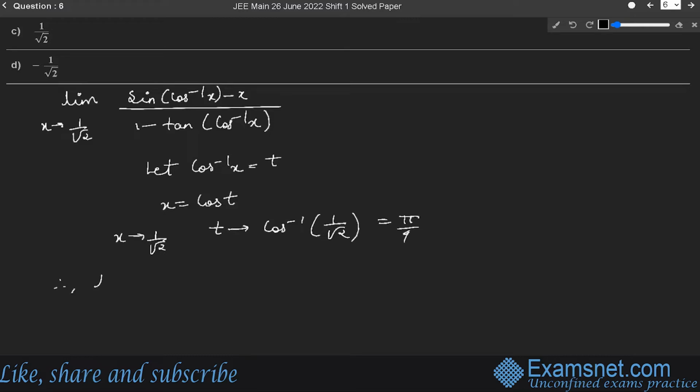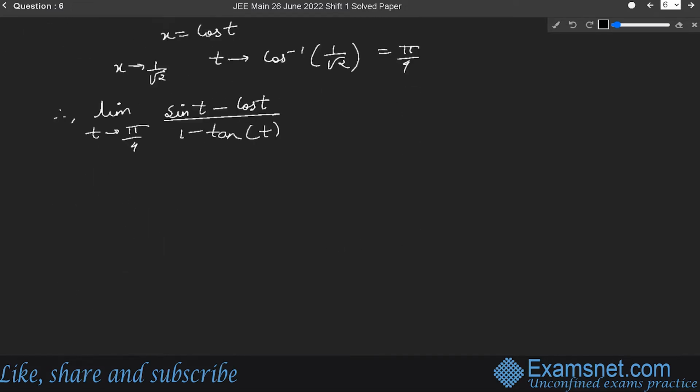Therefore, we can write it as limit t tends to pi by 4 of (sin t minus cos t) divided by (1 minus tan t). On further solving this will be equal to limit t tends to pi by 4 of (sin t minus cos t) divided by (1 minus sin t upon cos t).